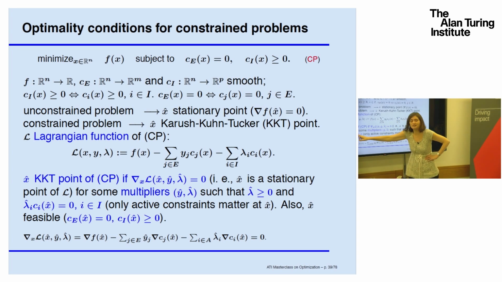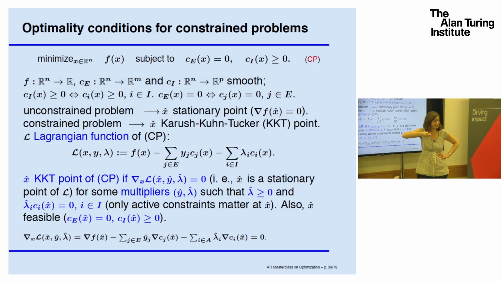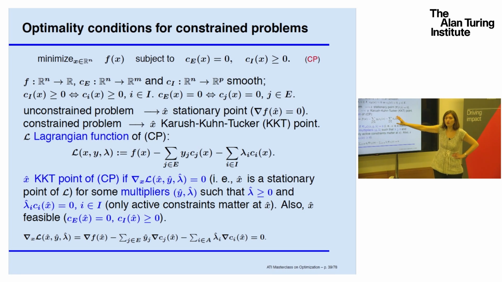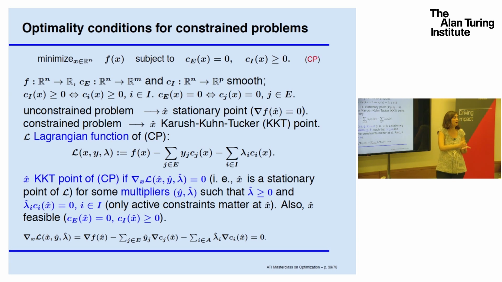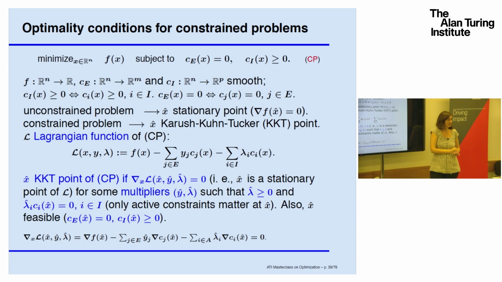If c_i of x hat is positive, so that means I'm in the interior of that constraint, like before, x was strictly less than b, then the corresponding multiplier is 0. And vice versa, if I have a positive multiplier, I must be active. In other words, I could have just stated that this is only over those constraints that hold as equalities at x hat, namely the constraints for which x hat is on the boundary.